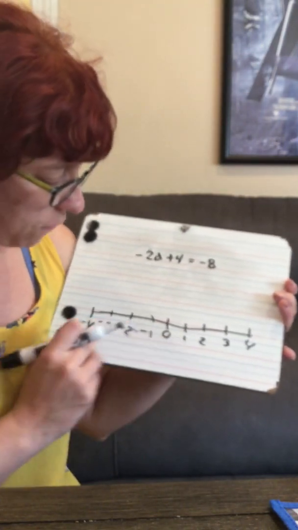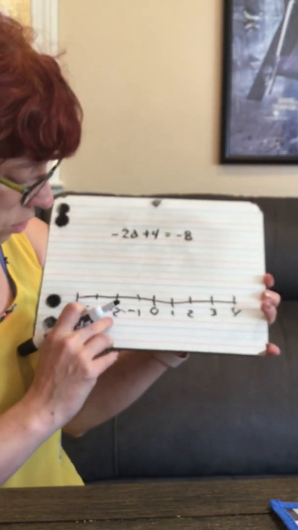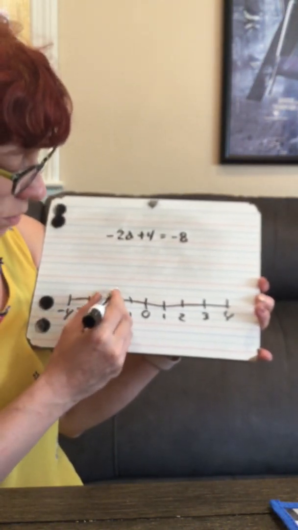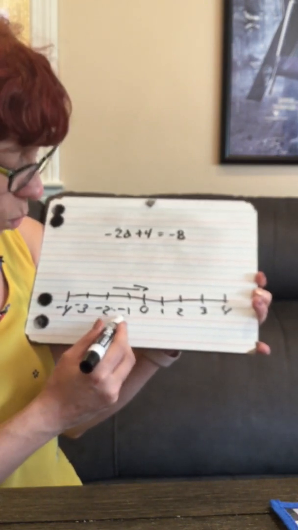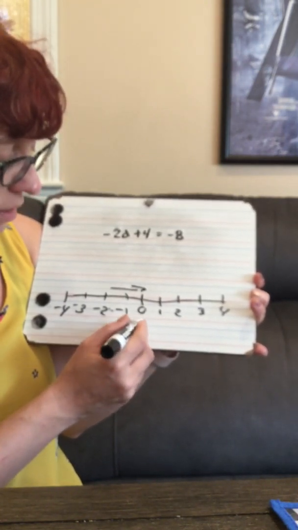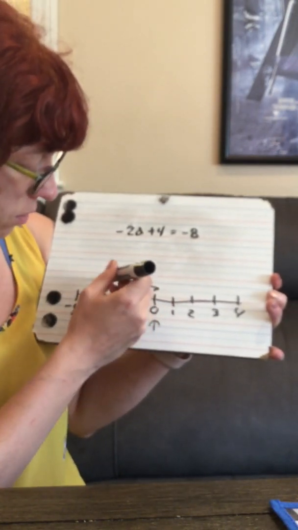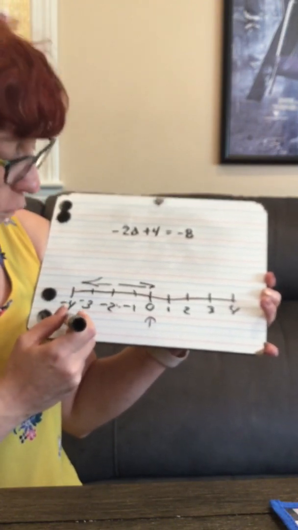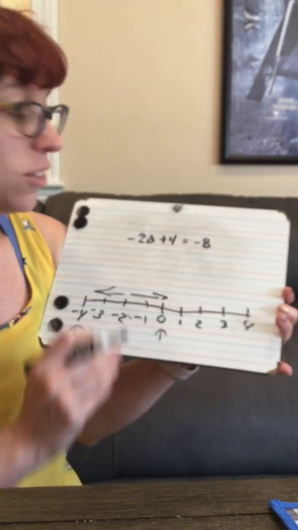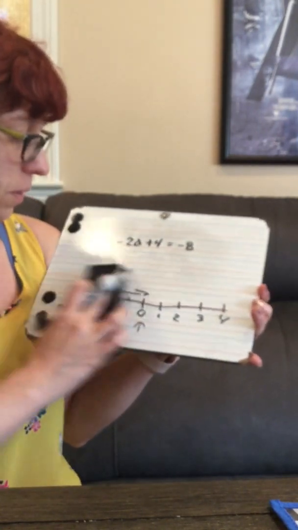So if you are saying, I have negative 2, but I'm going to add 2, okay, so adding always goes this way. Negative 2 plus 2, 1, 2, you would have 0. If you have negative 2 minus 2, minus goes this way. 1, 2, you would have negative 4. So the negatives actually work opposite of each other.